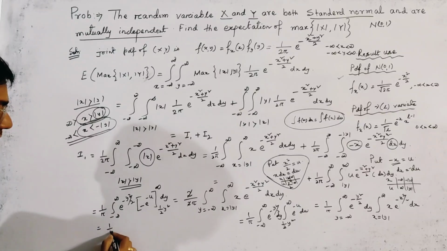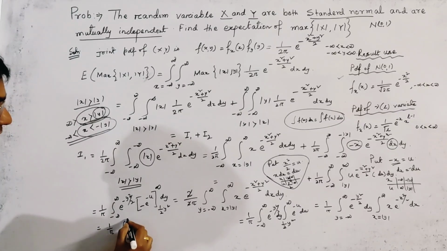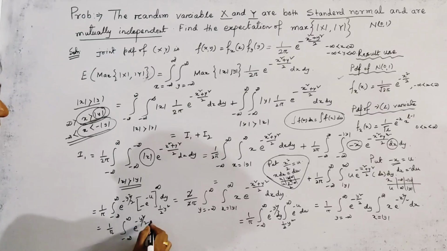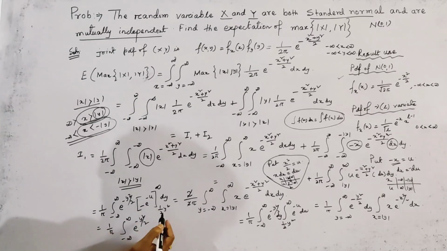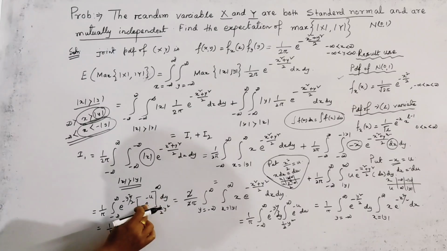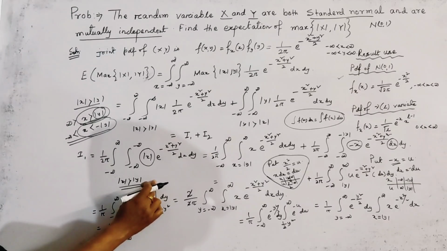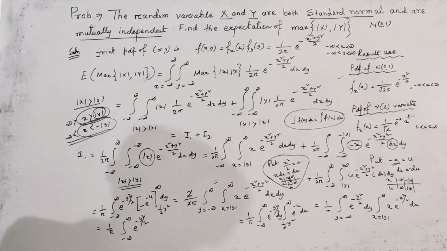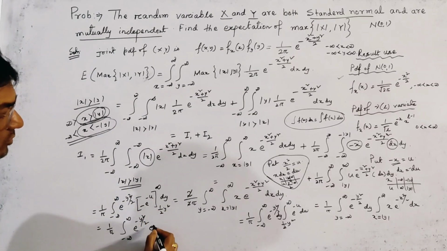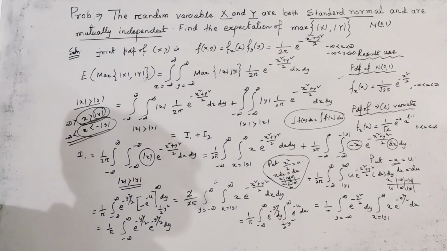Now by putting the range of integration, we get e to the power minus infinity, which means 0, and e to the power minus y square by 2. So we get e to the power minus y square by 2 dy.